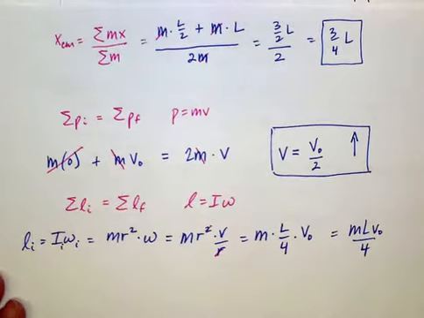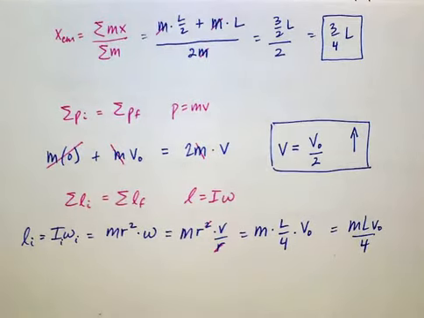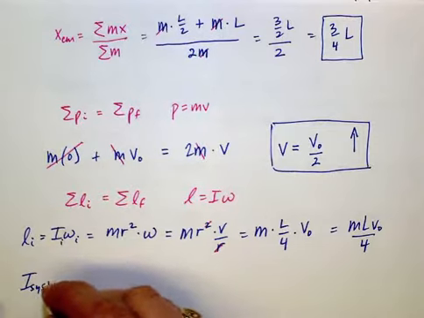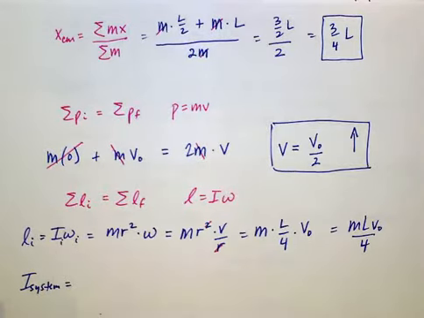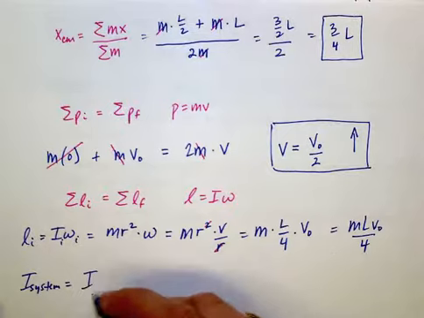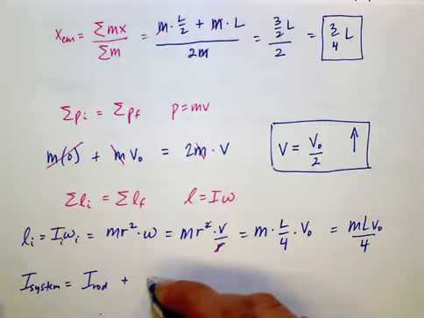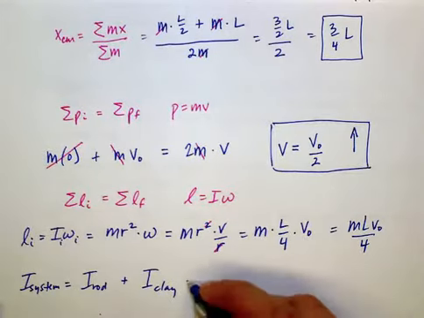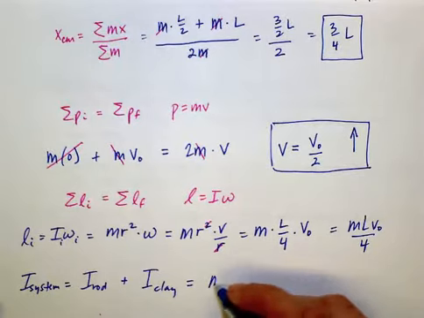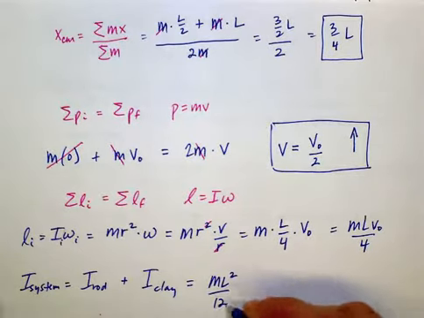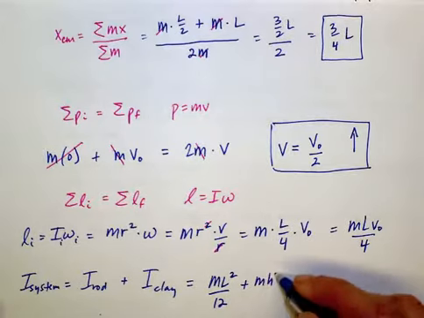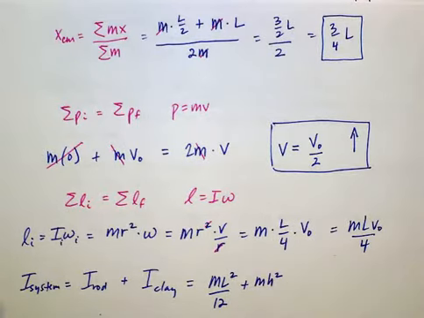To find our final angular momentum, we're going to need to know what I for the system is. So that's going to include I for the thin rod and I for the clay, which of course we were just working with. The rod, though, we would start with m L squared over 12 for the thin rod, but there's an adjustment that needs to be made because it's no longer pivoting around its center of mass.